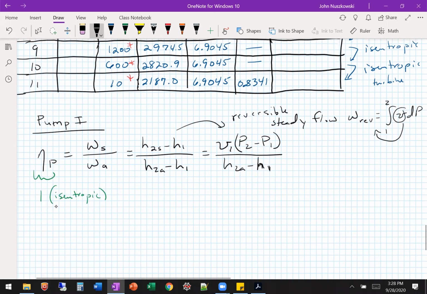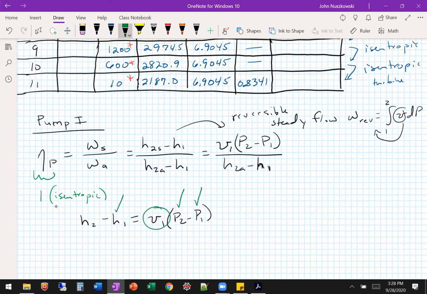So then we have this, right? Well, we have the pressures. We have all our pressures in this problem, P1, P2. We have our enthalpy at state 1.